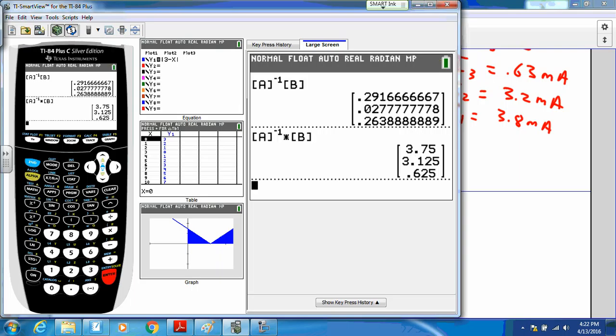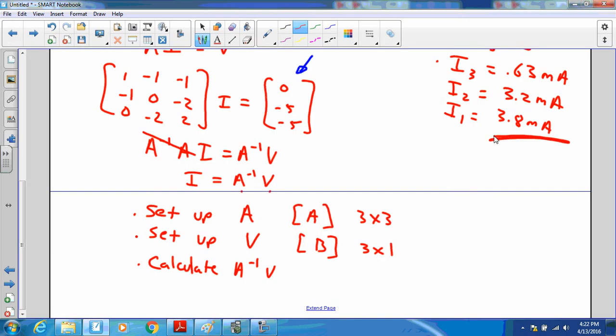And sure enough, we get 3.75 for I1, 3.1 for I2, and 0.63 for I3. If we compare that to the answers that we have here, it compares very favorably. We're off by 0.1 in I2.